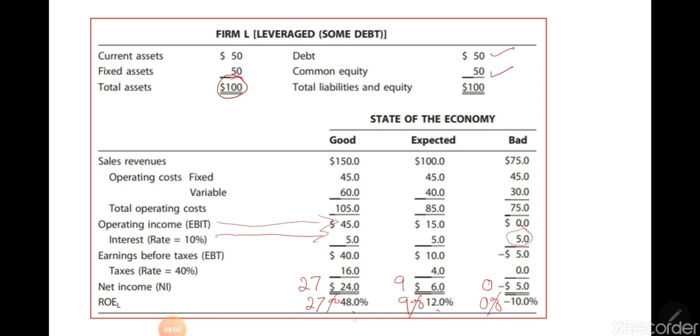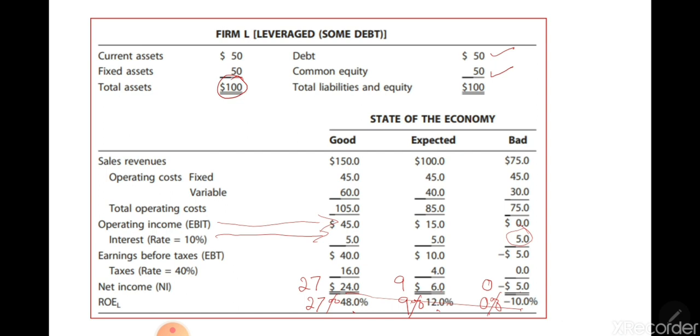This is the impact of leverage. Leverage has magnified the return on equity from 27% to 48%, from 9% to 12%. But if leverage is going to magnify the earnings, it will also magnify the losses. So even the loss of the business has magnified. First it was 0%, now it is negative 10%.